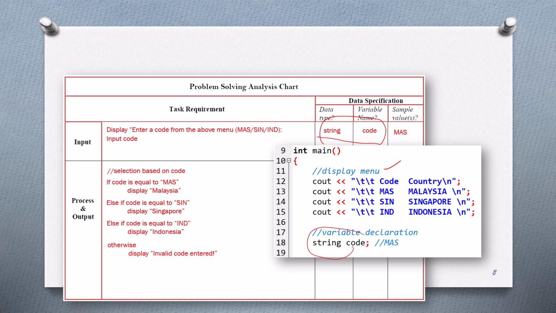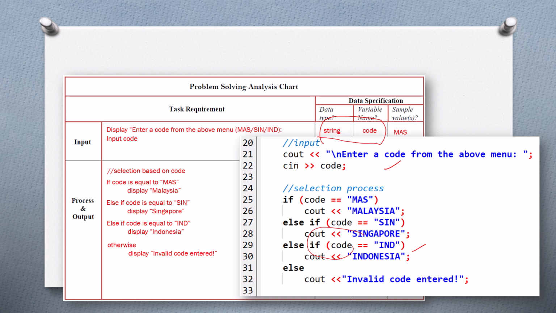So you need to have the variable declaration first, and then you have the input, then the process, selection process in particular.